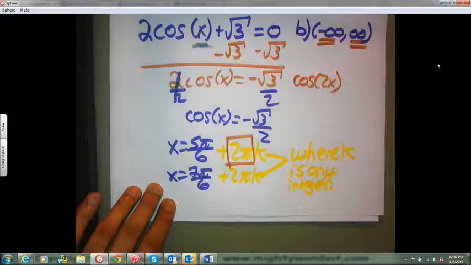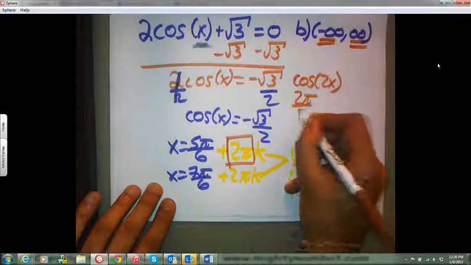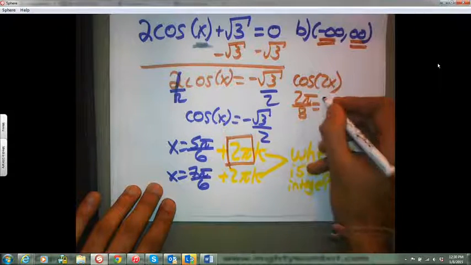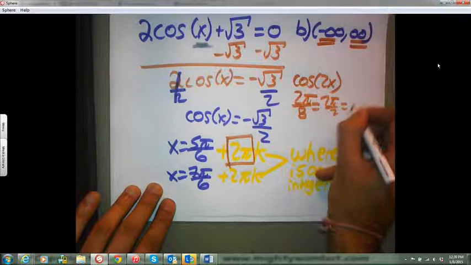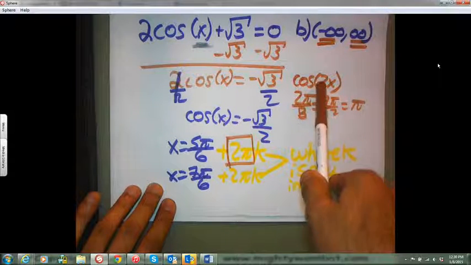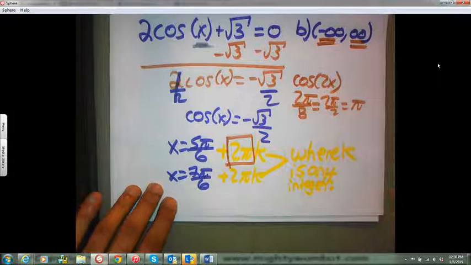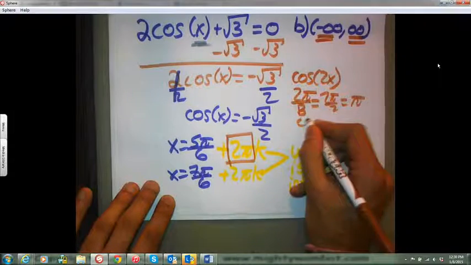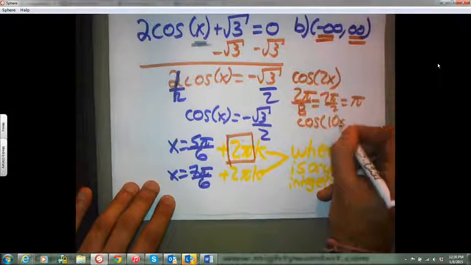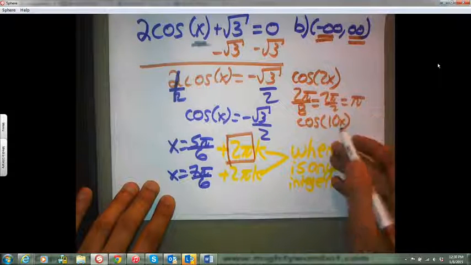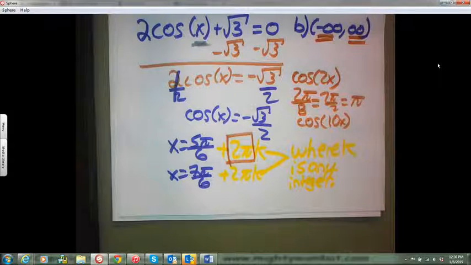Well, the period is 2 pi divided by b. What is b? b is 2. So the period is pi. So if it had been this, we would have added pi k. If it had been cosine of 10x, what's the period of this? 2 pi divided by 10, pi over 5. It would have been plus pi over 5 k, whatever the period is.